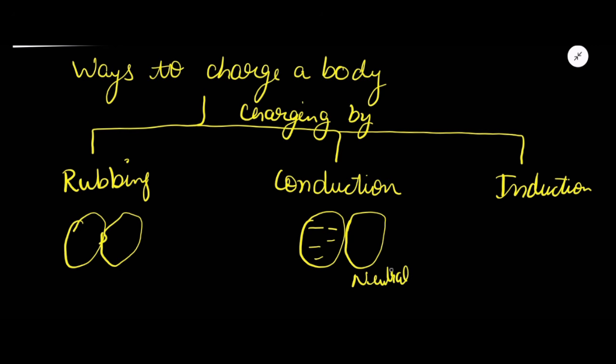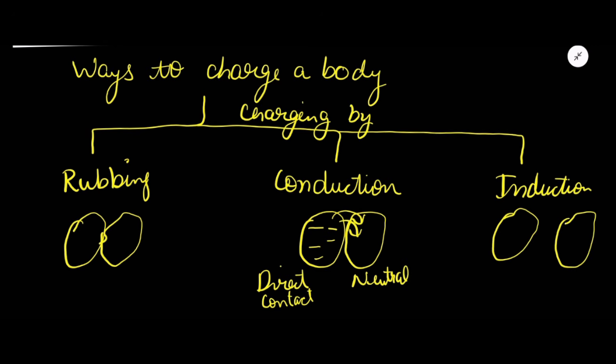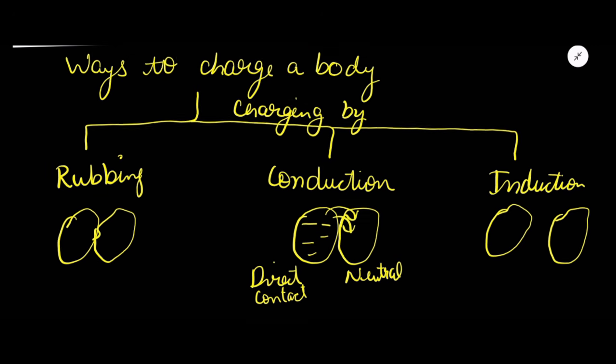Due to the direct contact, there will be transfer of electrons, and in this way the other body gets charged. Then we have the third method. In this, we take two bodies, and we neither rub them nor keep them in direct contact.